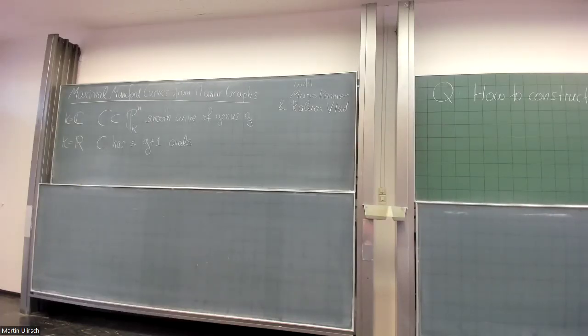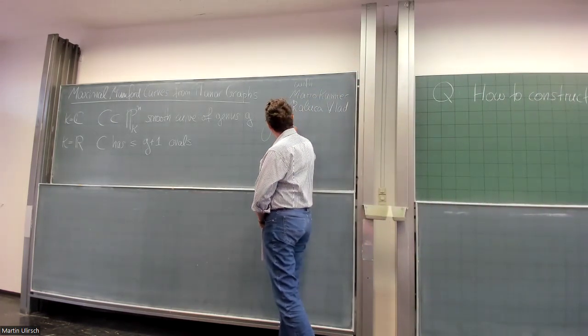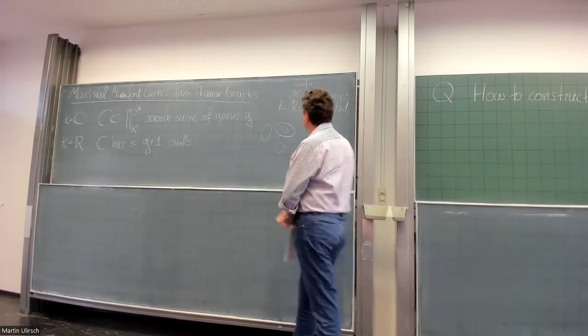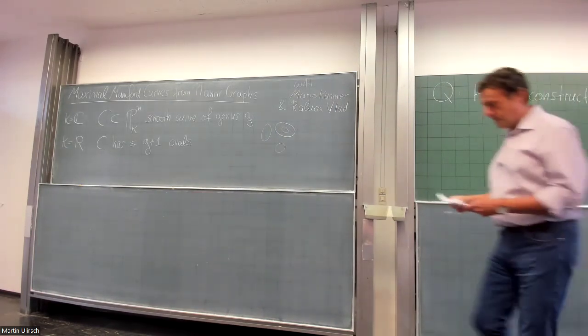So for example, if you have a genus 3 curve, then you have at most 4 ovals. Okay, so that's the situation over the real numbers.